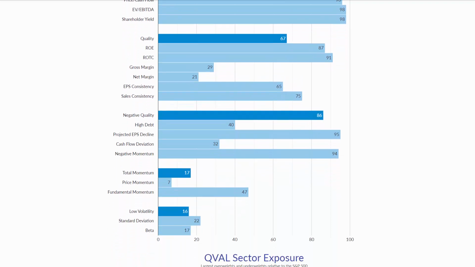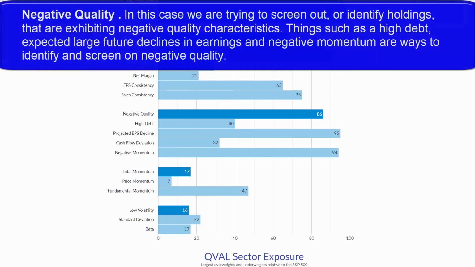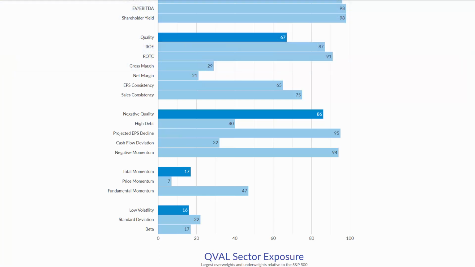The next one is negative quality. And in this case, we're trying to screen out things that are bad from a quality perspective. So companies that have high debt, companies whose EPS are projected to decline in the future, companies whose cash flow is not keeping up with earnings, companies who have very negative momentum. We're trying to screen out those types of negative quality companies. So this is the one thing in the table that, if the score is high, it indicates you have high negative quality in your portfolio.